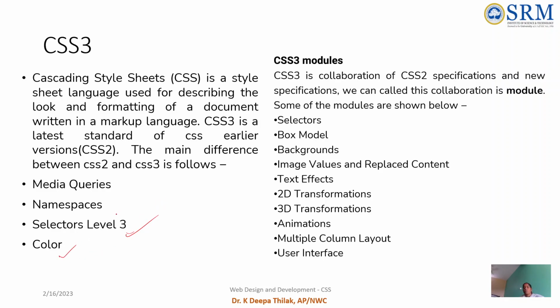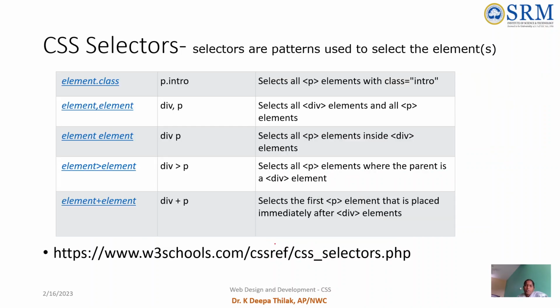The colors definition, improvised media queries based on the media device in which you are displaying the web page, and usage of namespace were also introduced in CSS3. So selectors, box model, everything is going to be discussed in CSS3.